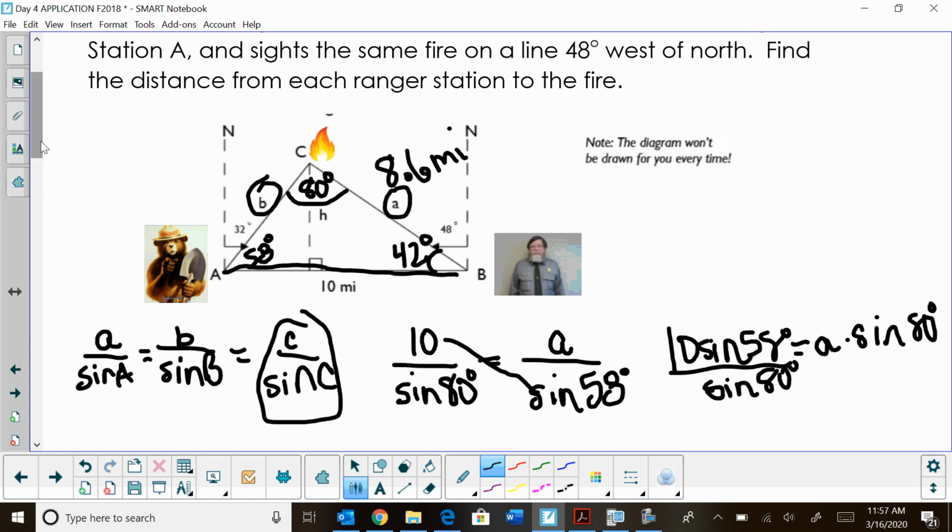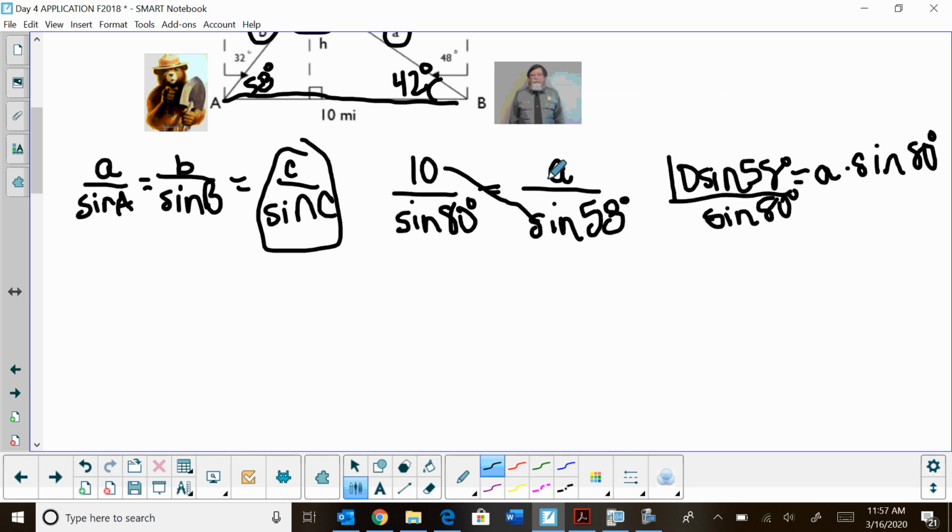And now I need to solve for B. I'm going to use the same setup that I have here. I'm going to take 10 over sine of 80, which is C, and I'm going to set it up with B over sine of 42. And again, I'm going to do my cross product. So 10 times sine of 42 equals B times sine 80.